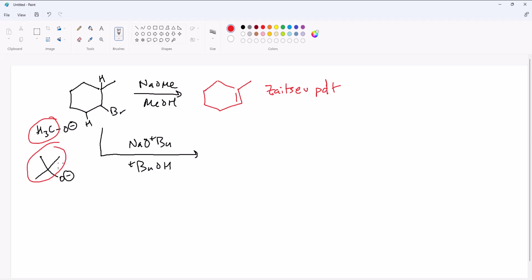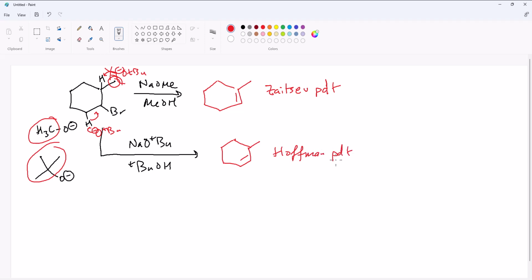So if tert-butoxide were to try and come in and pluck off this hydrogen, it's blocked by this methyl group. So this won't actually occur. In fact, tert-butoxide is so bulky that it needs to form the anti-Zaitsev product. So when we use tert-butoxide as a base, we form the anti-Zaitsev product, or what's known as the Hofmann product.